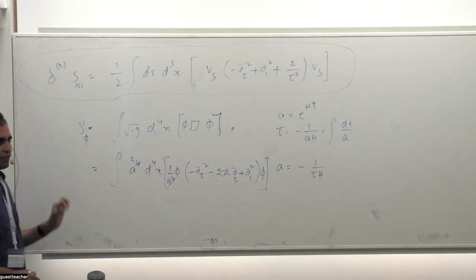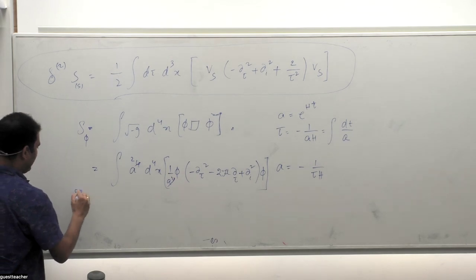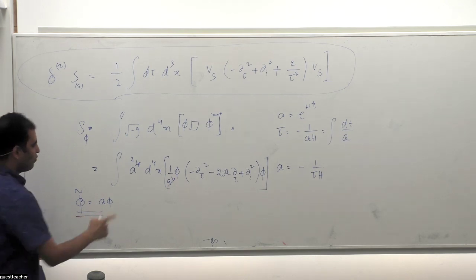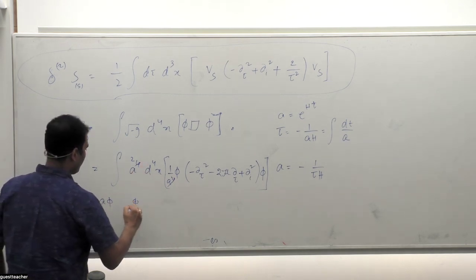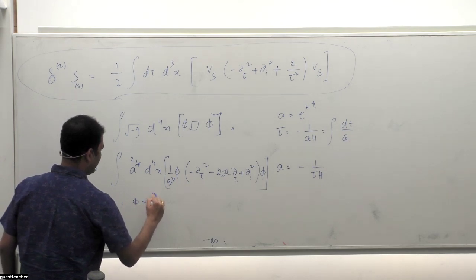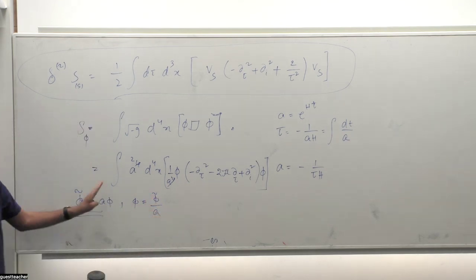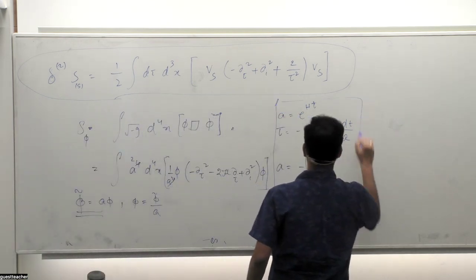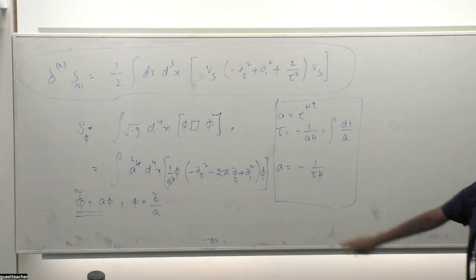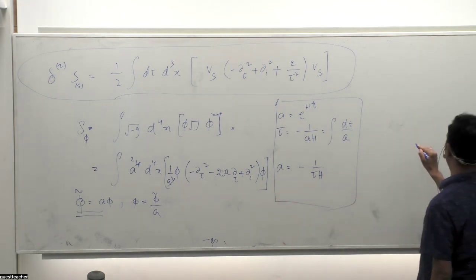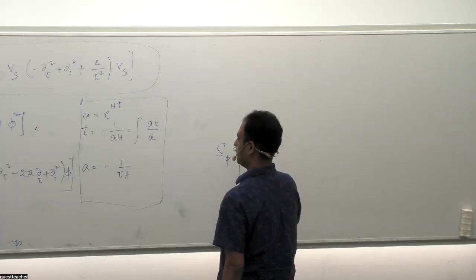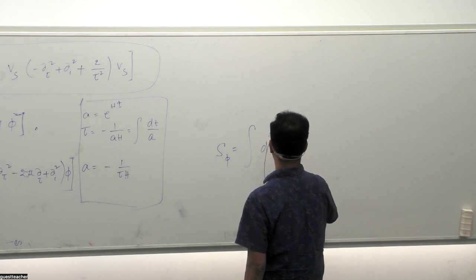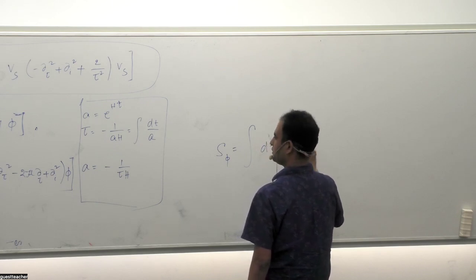Now, if you define some phi tilde, which is a times phi, and you make the substitution phi equal to phi tilde over a, this action will become, let me write explicitly, d tau d3x.